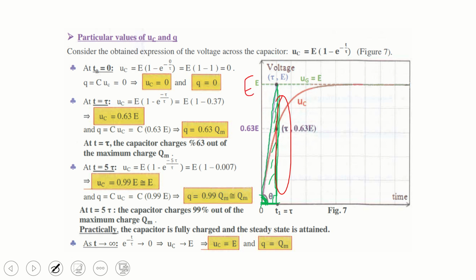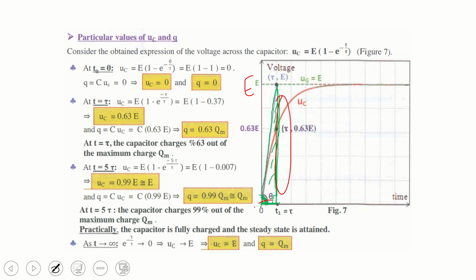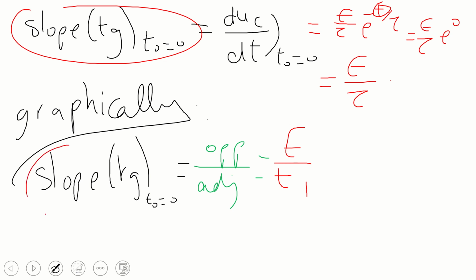The opposite to theta, this side, equals E. And the adjacent to theta equals T1. Here we consider that we don't know that T1 equals tau. We want to verify that T1 equals tau. So the slope of the tangent at t equals 0 equals the slope of the tangent at t equals 0 found graphically.